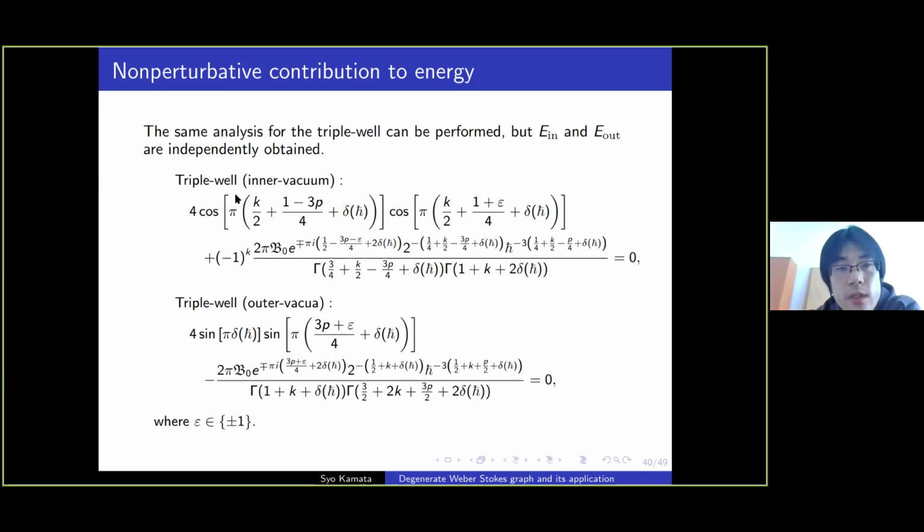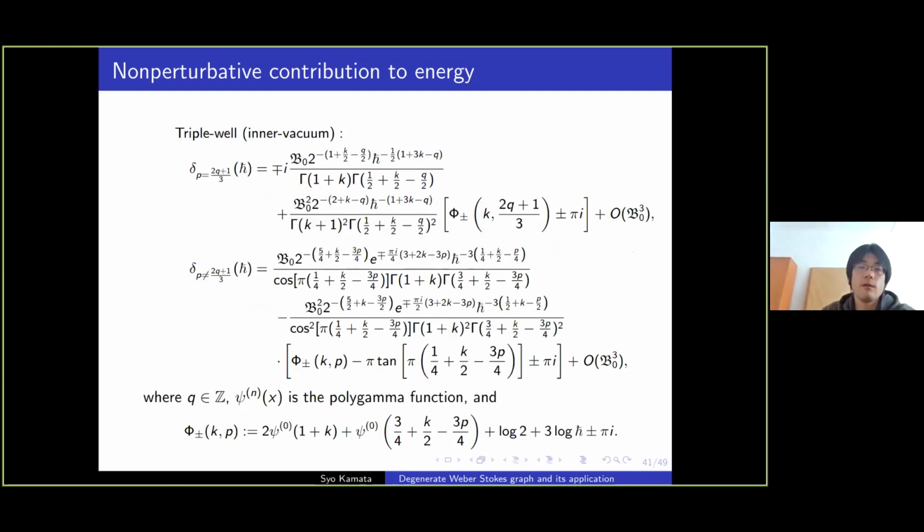For example, if we consider the inner vacuum, the solution is coming from this one, and if you look at the outer vacua, it is given by this equation. Okay, so the solution is given by this form, which is very complicated.